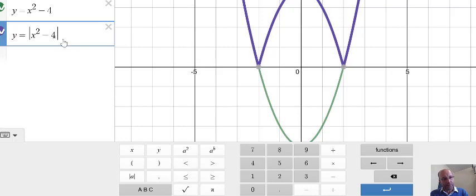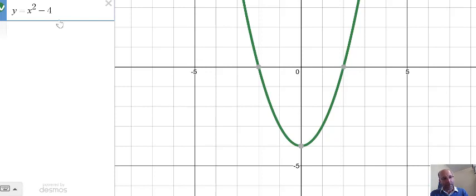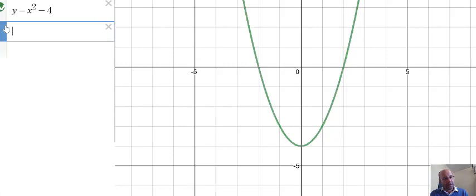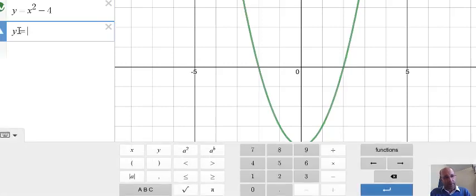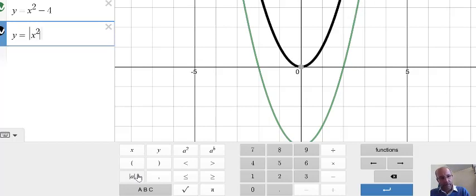For the first one, we should be familiar with a quadratic like that. If we find the absolute value and enter that in, y equals the absolute value of x squared take 4.